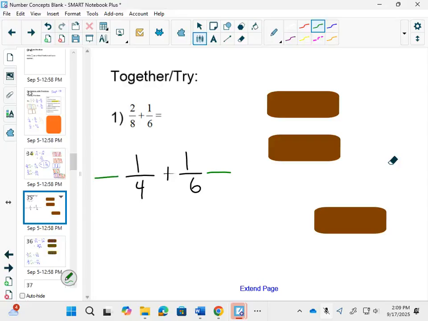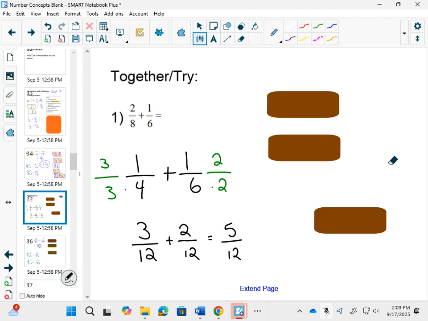Skip count by 6s, skip count by 4s. 12 is in both of those timetables. So I can multiply the 6 by 2 and 2, and this by 3 and 3. And now I get 3 out of 12 plus 2 out of 12, which is 5 out of 12.